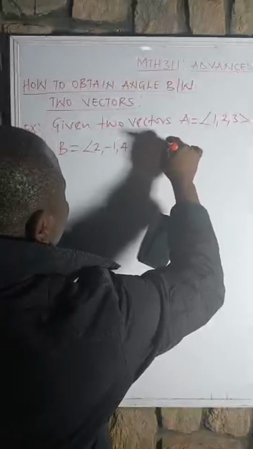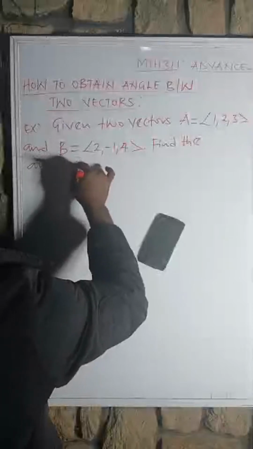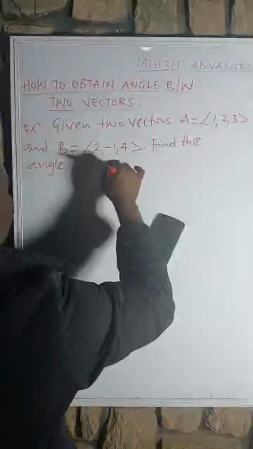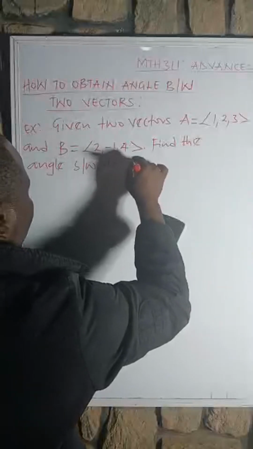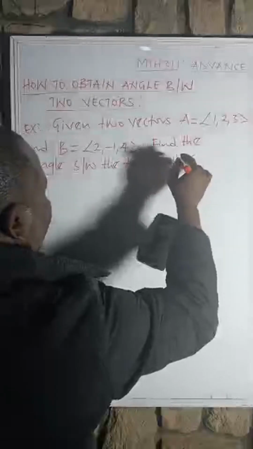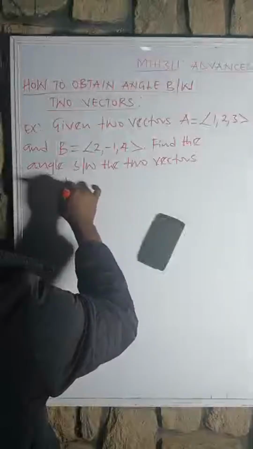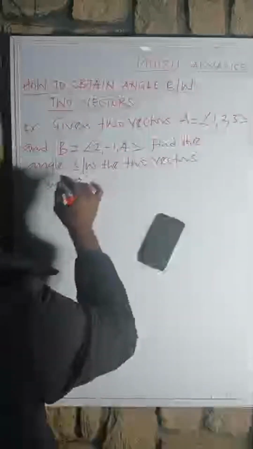Find the angle between the two vectors A and B. Let's look at it together.